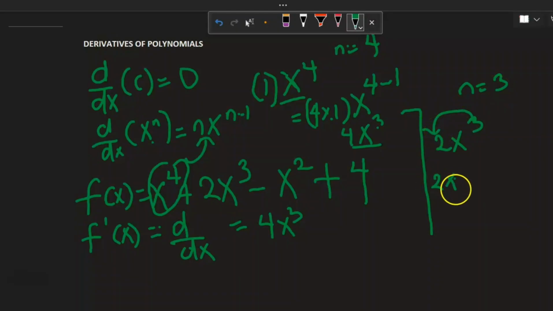That's 2 multiplied by 3, then multiplied by the variable over the power minus 1. That will give me 6x, 3 minus 1, that's 2. So the derivative of this will give me plus 6x squared.